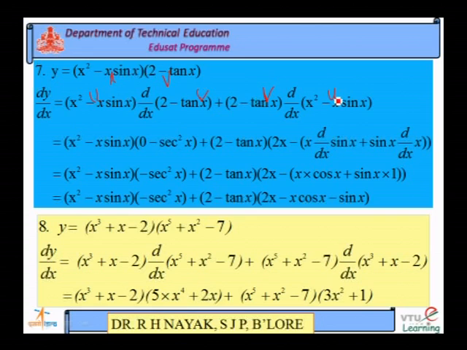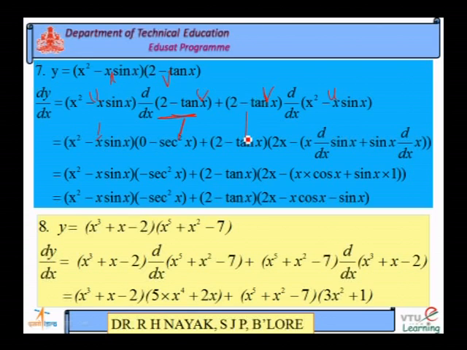Then u will be taken as it is, differentiation of v: differentiation of 0 minus differentiation of tan x, which is secant square x. Keep this as it is, 2 minus tan x.